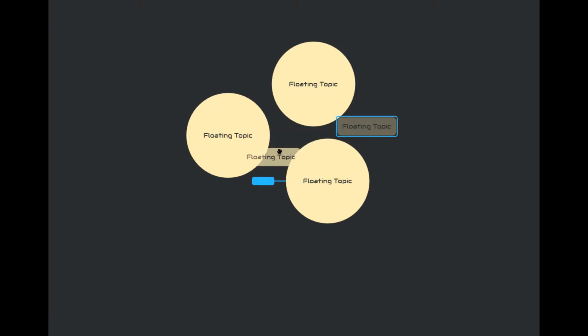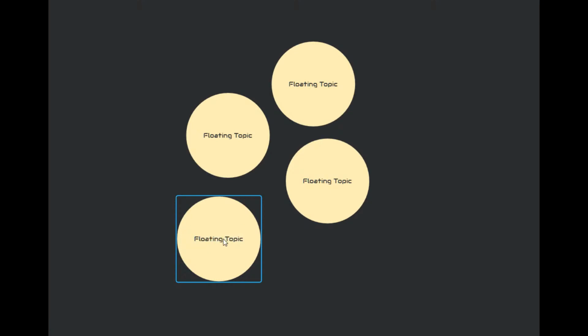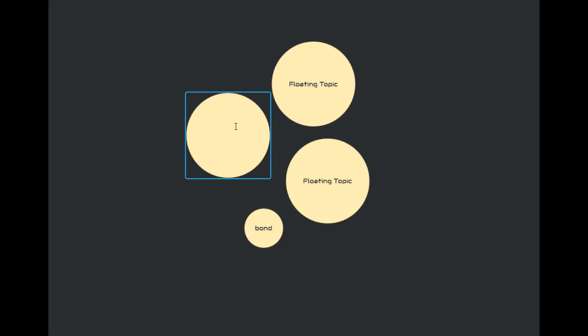So what will actually be there is that you'll also have your bonds. So periodic element.